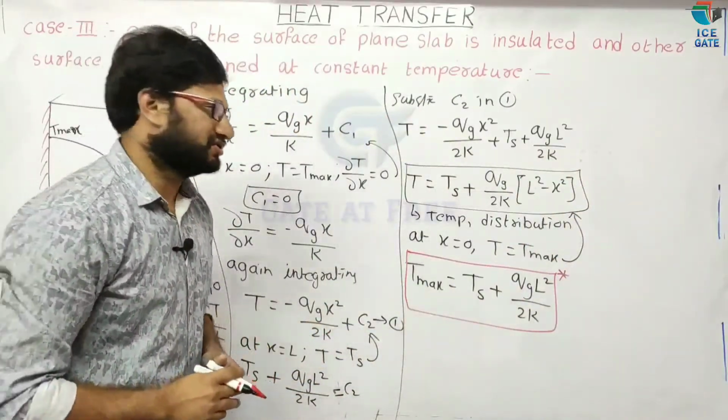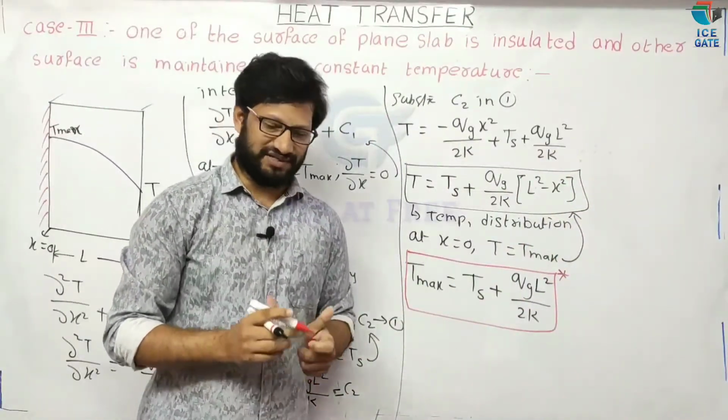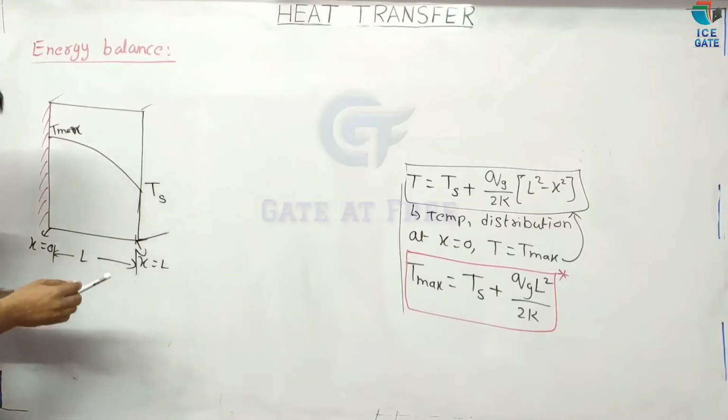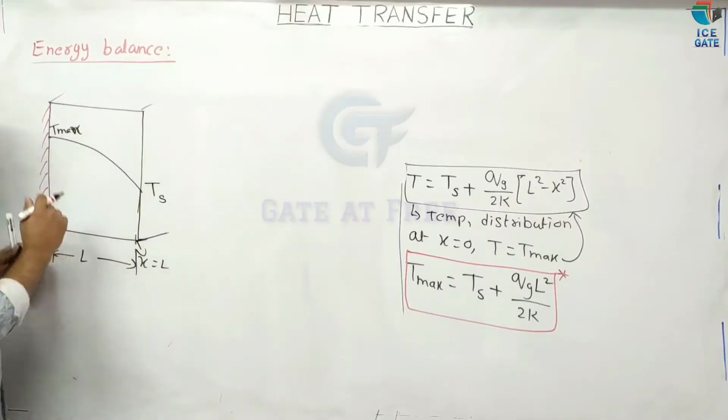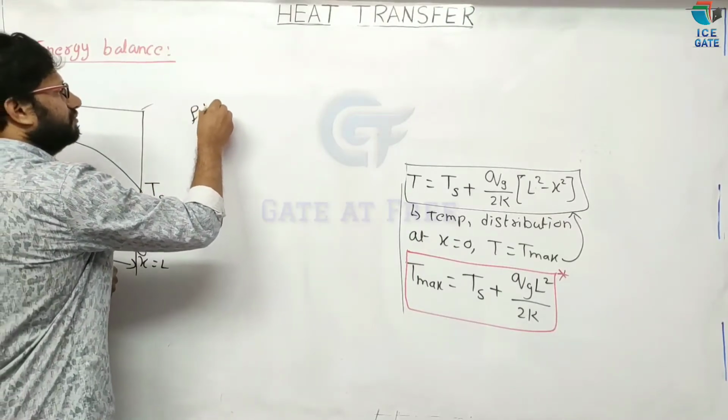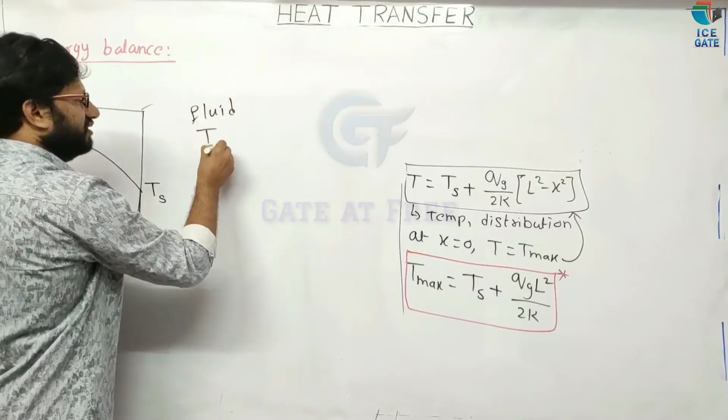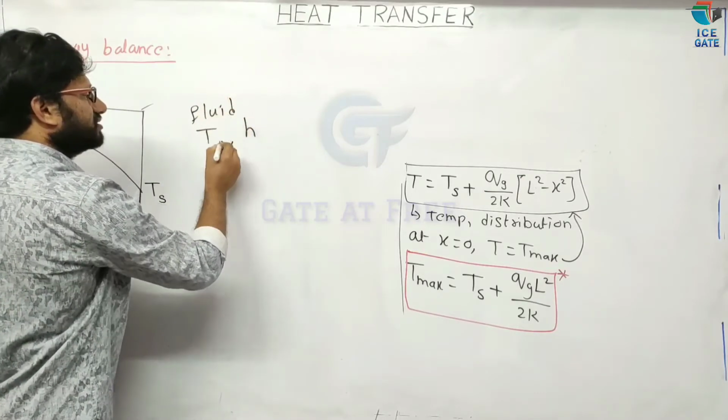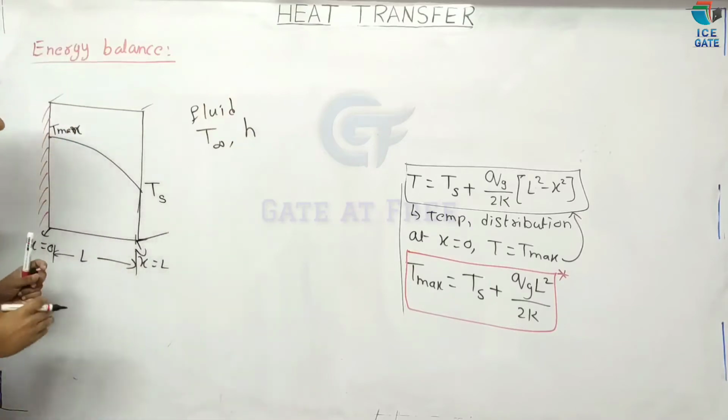Hope you understood. Next, the energy balance equation. Assume this plain slab is surrounded by a fluid at a temperature of T infinity and convective heat transfer coefficient h. Now, listen.